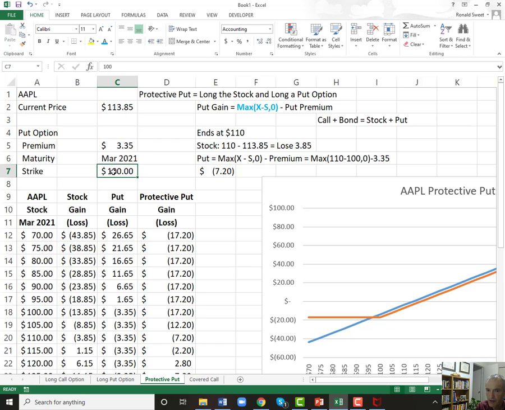It didn't drop below 100, it only dropped down to 110. So you just got to make sure we bring all these together. This is just an example, and you can see it down here as well. I get the same 7.20.